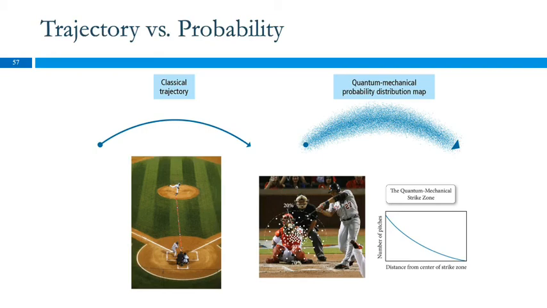That doesn't happen with large objects, but it does happen with the quantumly small. And so we see the number of pitches versus the distance from the center of the strike zone. More pitches are going to hit near the center, and as you get further and further away, the number of pitches that end up out there goes down. So we can use statistics to say there's a 90% probability that it's going to hit within this circle.